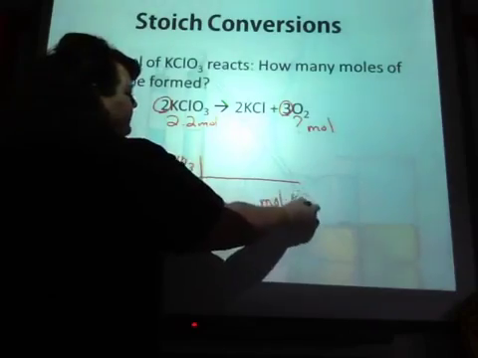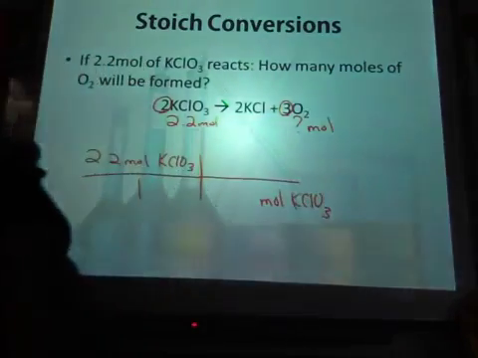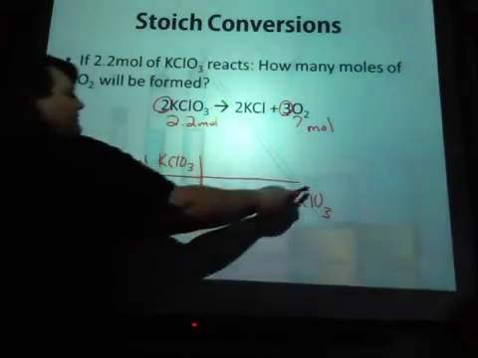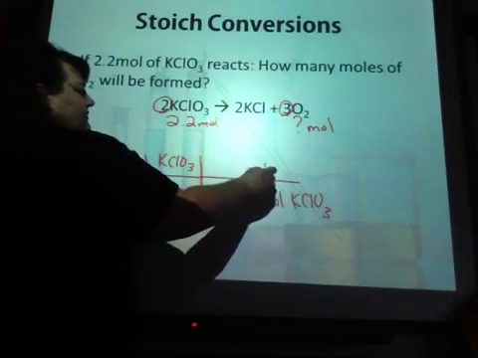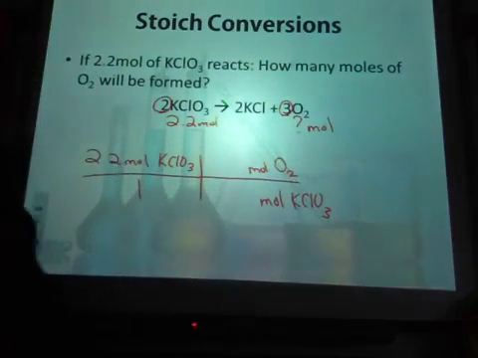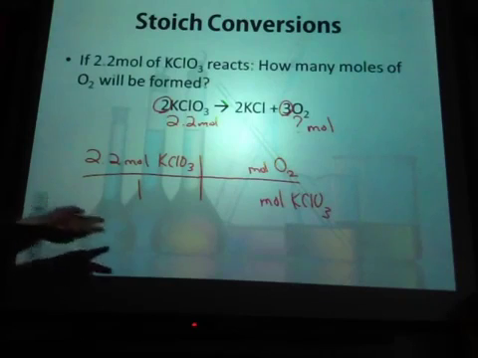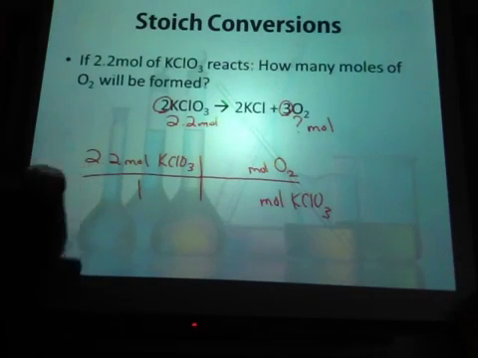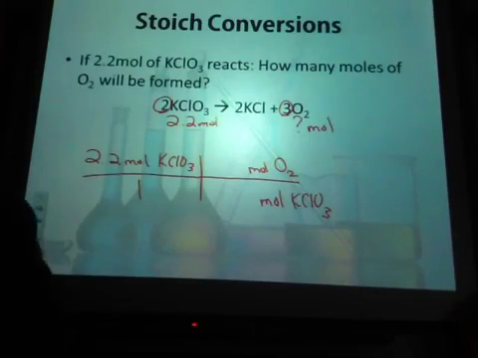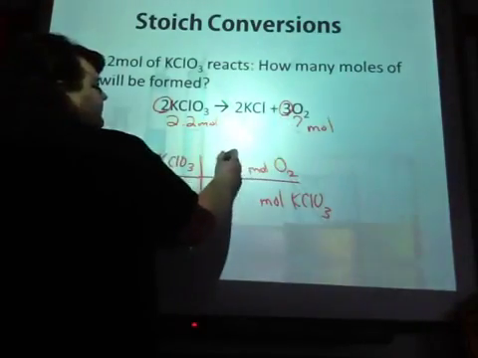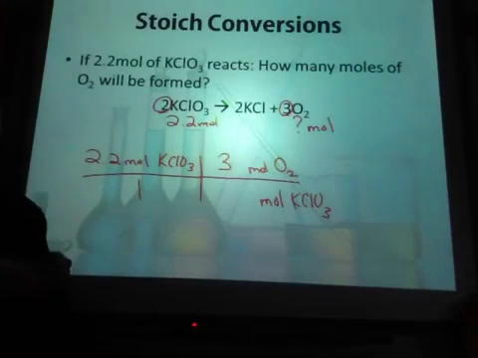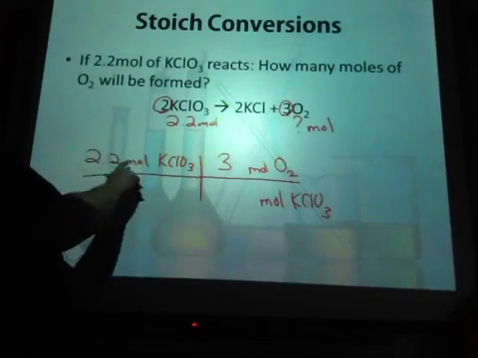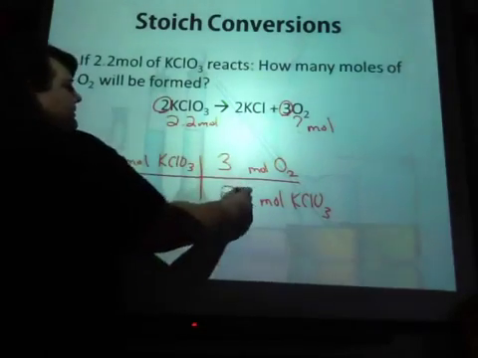So we put moles of KClO3 on the bottom so they'll cancel, and we put moles of O2 on top. So here's our mole ratio. How many moles of O2 do we have in our ratio? We have 3. Use its coefficient. And KClO3, its coefficient is 2.